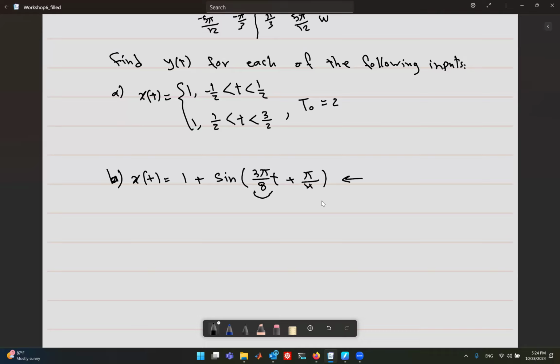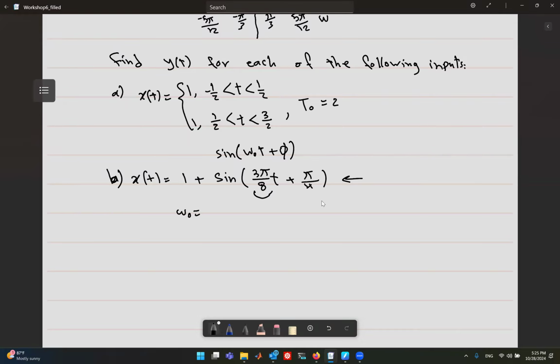So actually the frequency is this one, 3 pi over 8, because the general form is sine omega naught t plus some phase shift, let's say phi. Would the frequency be pi over 8, or would it be 3 over 16? It's like f. Yeah, but this one is just omega naught is 3 pi over 8, and then we can convert it to f.